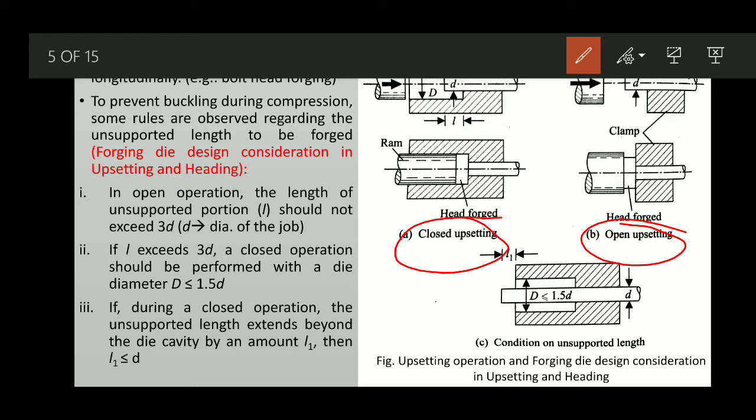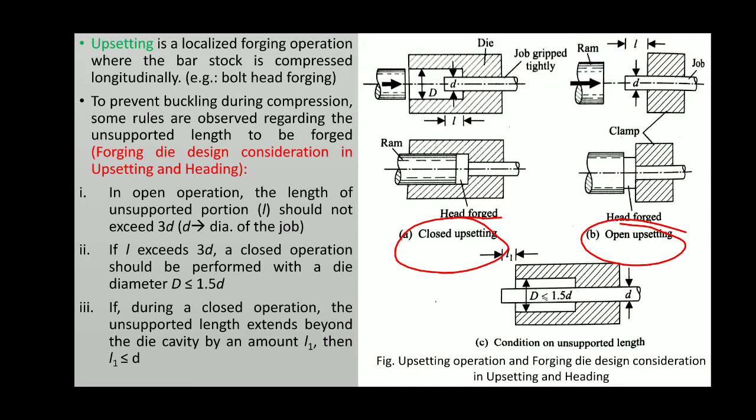If it is an open operation, the length of the unsupported portion, which is shown here as L, should not exceed thrice the diameter of the job.